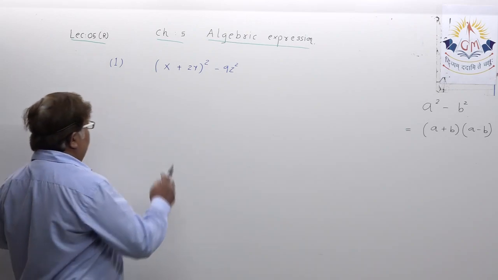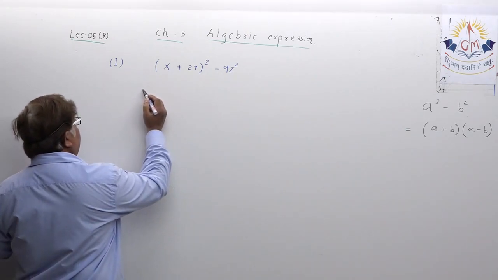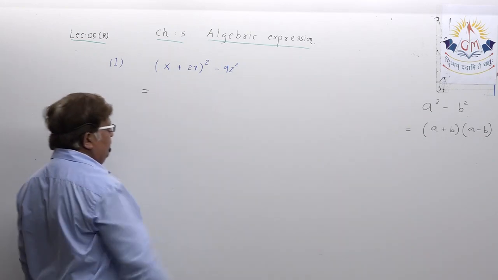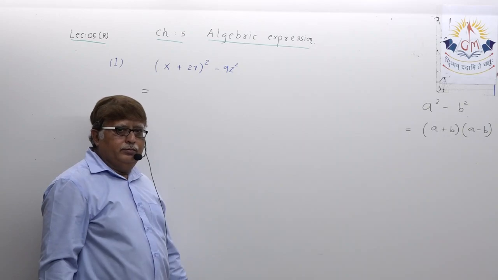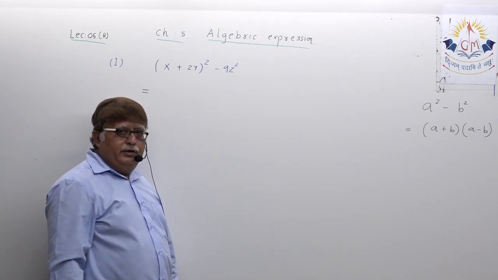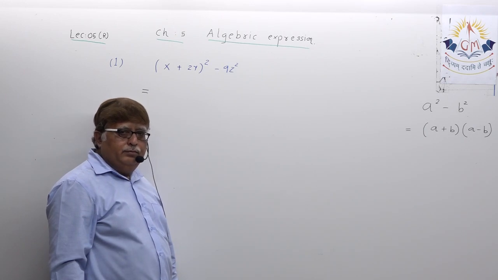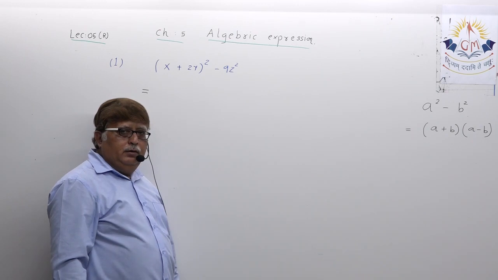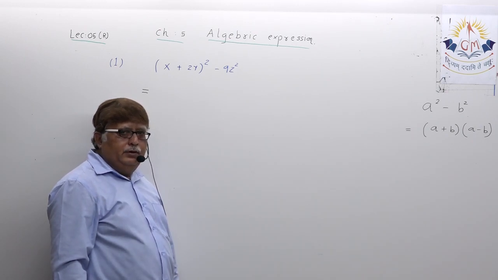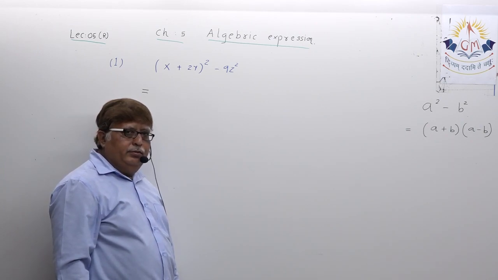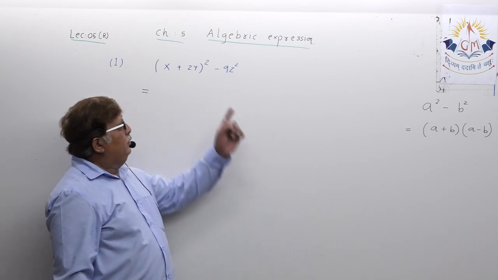So dear student, how many terms? Two terms. You can consider bracket square as also one term. Two terms, both are perfect squares, definitely. Square root of both the terms is possible.